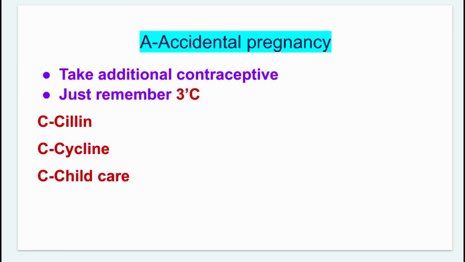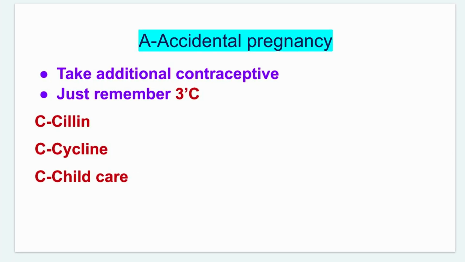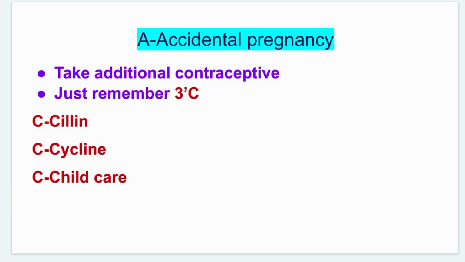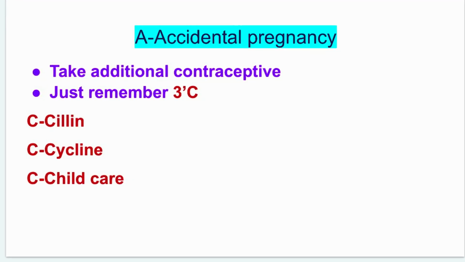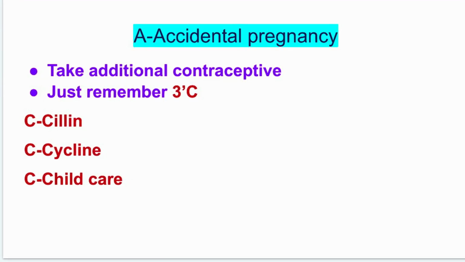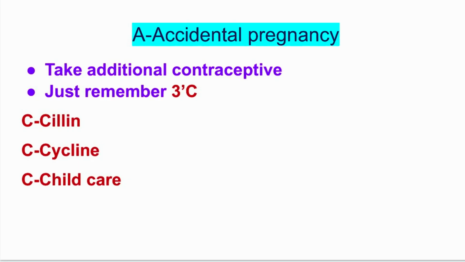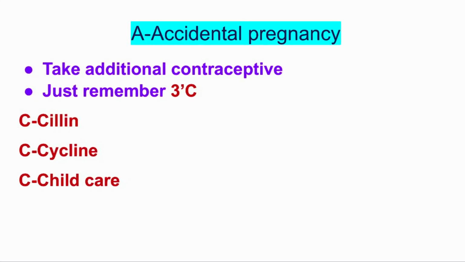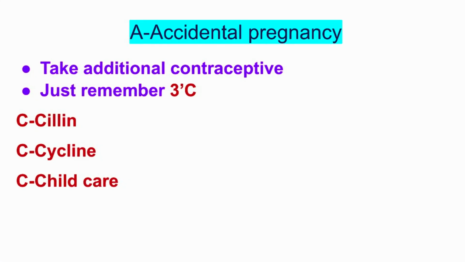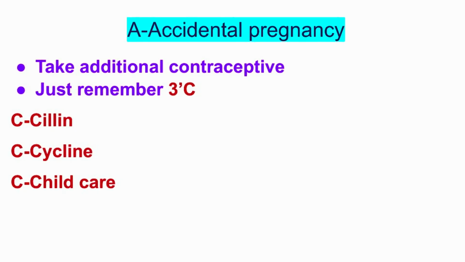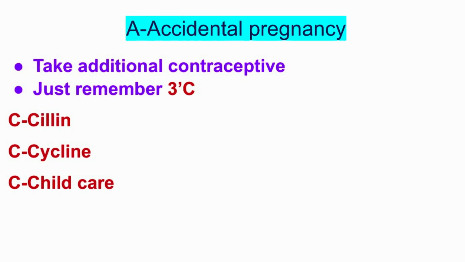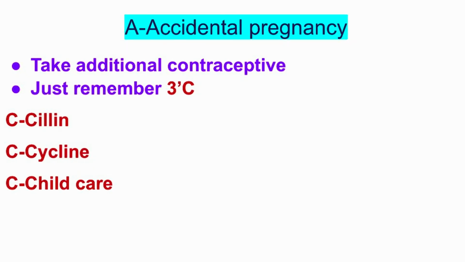So we just have to remember the 3 Cs: C is for cillin, C is for cycline, and C is for child care. So penicillin and then cycline, like tetracycline, those kinds of medication can cause accidental pregnancy because they reduce the effectiveness of the contraceptives. So the 3 Cs we have to remember.